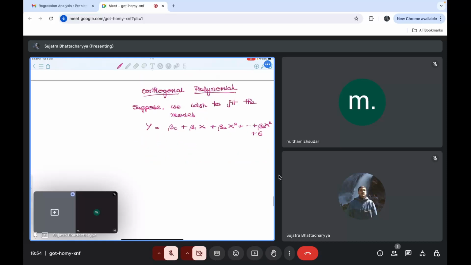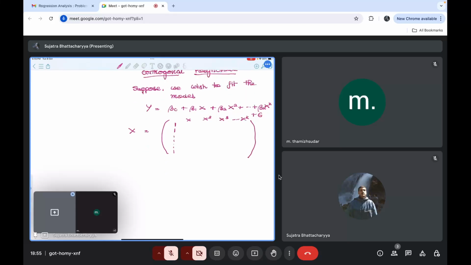This is the model we want to fit, and you have x. We know how to write it: the first column will always be 1, the second column will be x, next x square, next x cube, and so on up to x to the power k. Correct? This is how we write. All right, everything is fine.